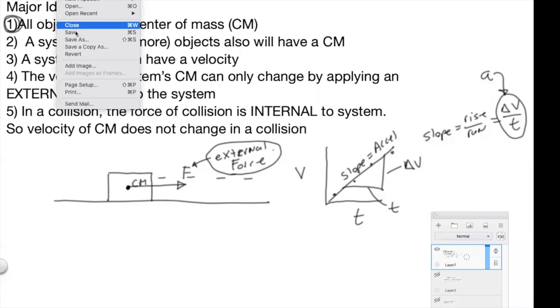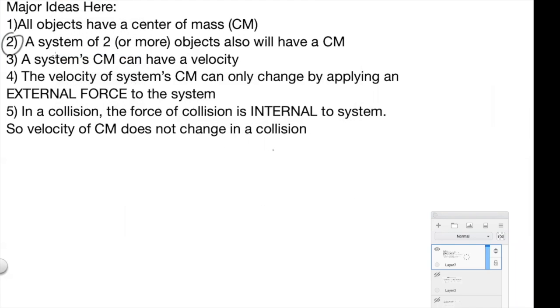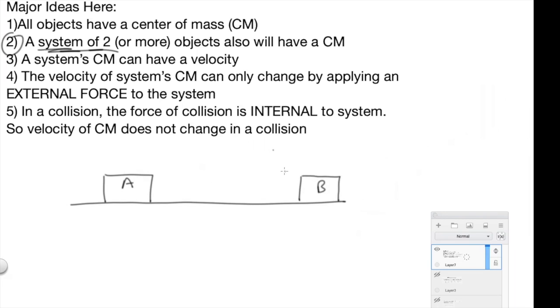Okay, let's go to idea number two. A system of two or more objects will also have a center of mass. So I'm kind of leading up to this problem here. Say we got block A and block B right here, and say they're the same exact mass.